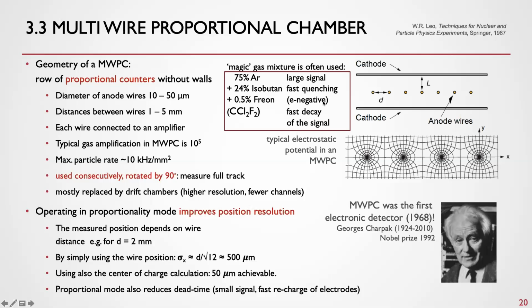Freon is electronegative. It absorbs signal. It's used in small quantities to lead to a fast decay. So these very rough mixtures are frequently used in these large volume multi-wire proportional chambers.